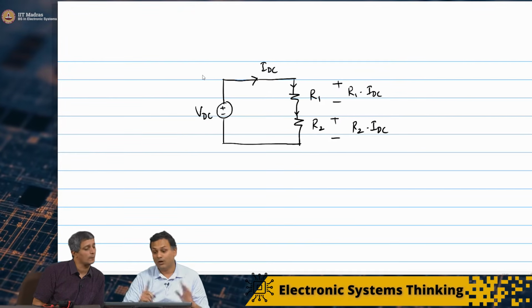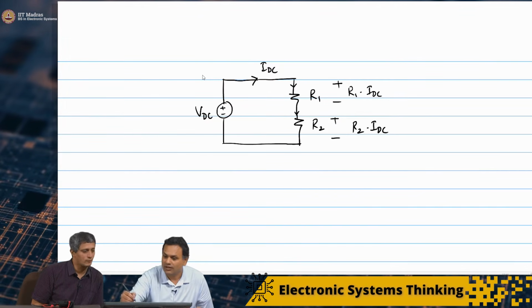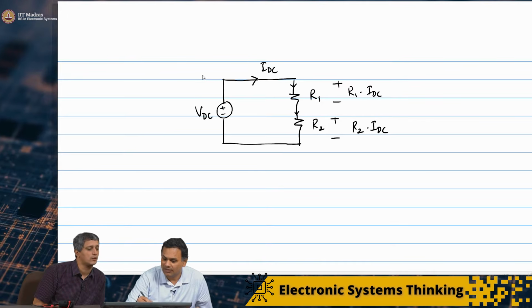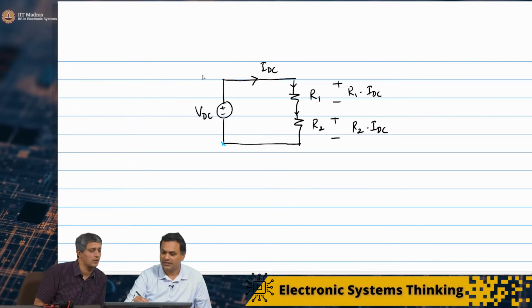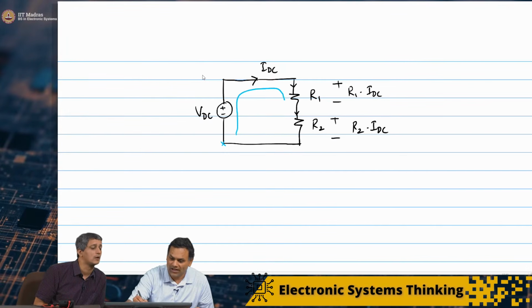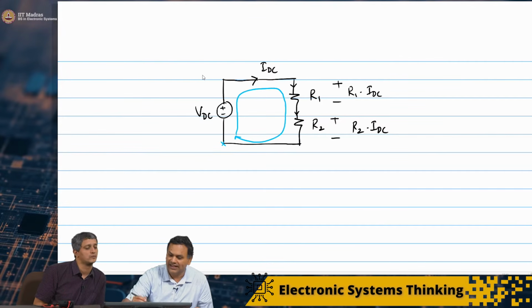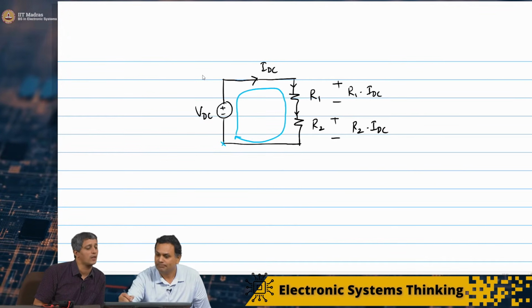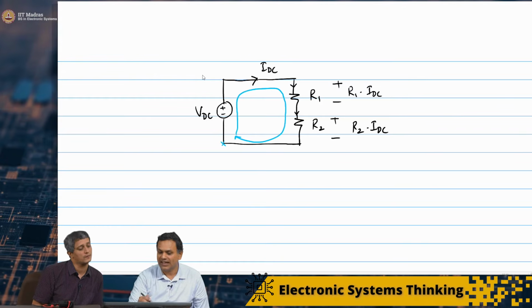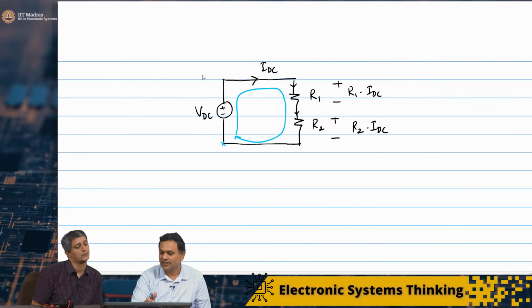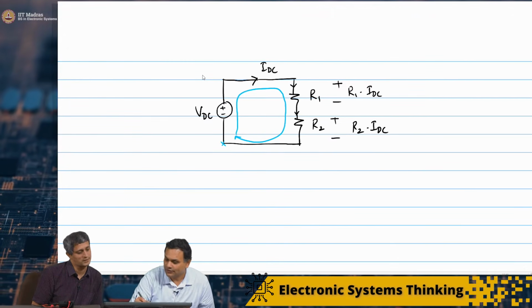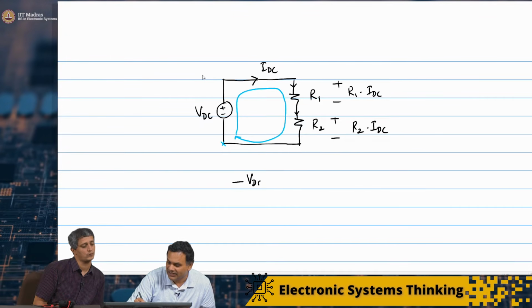Now I can apply KVL. I'm going to start from here, go up clockwise and come back and end at this point again. I have a potential increase, so I'll write that as minus VDC.